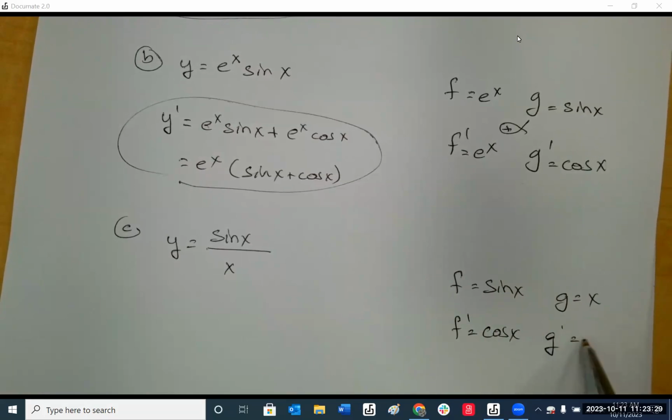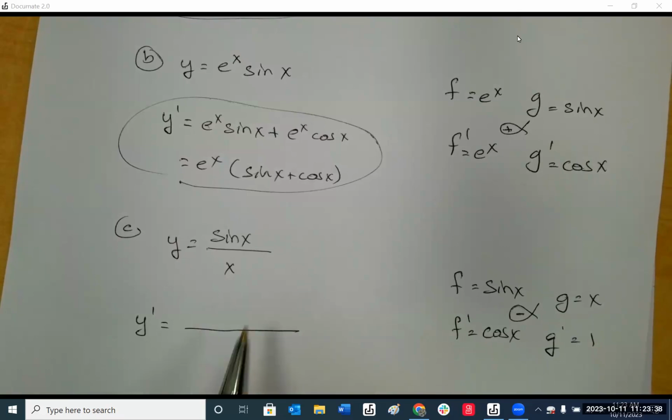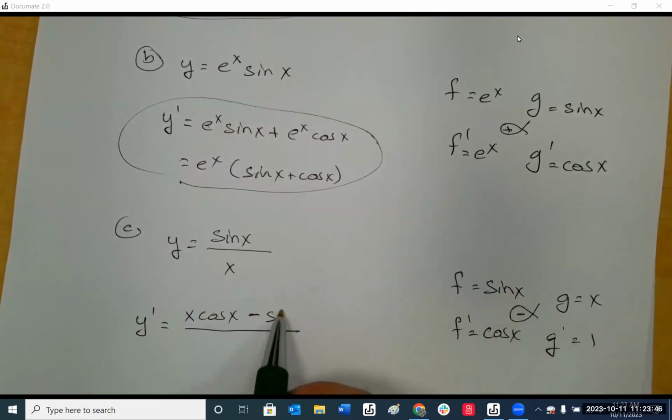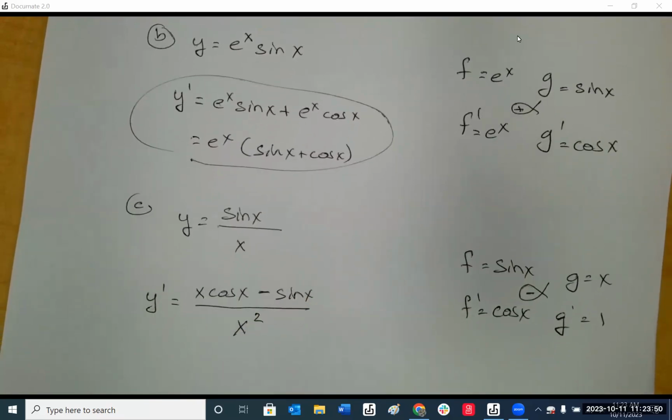The derivative of x is 1. Since it's the quotient, we subtract. x times cosine minus sine times 1, all over the bottom squared. And there you have it.